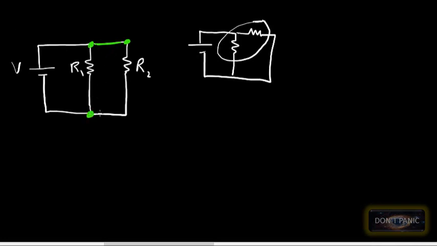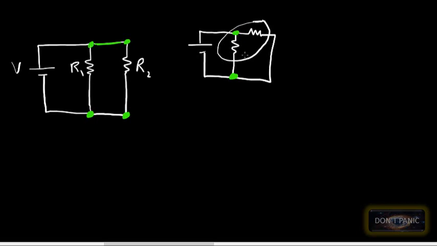Okay, and then they also share the same end points because the wire doesn't matter. So whether it's drawn like this or like this, you can see that the beginning point of these two resistors is the same, and so is the ending point, because this wire in the middle doesn't matter. So that's why they're in parallel.